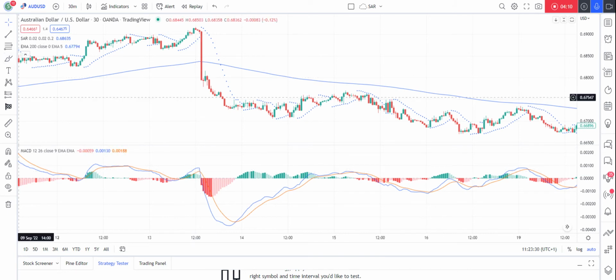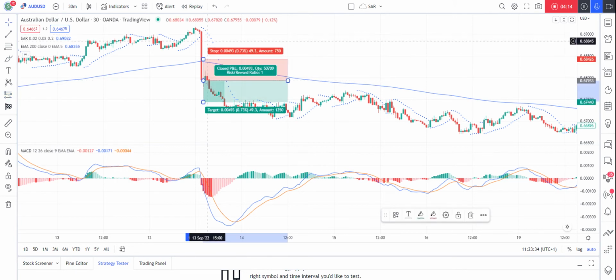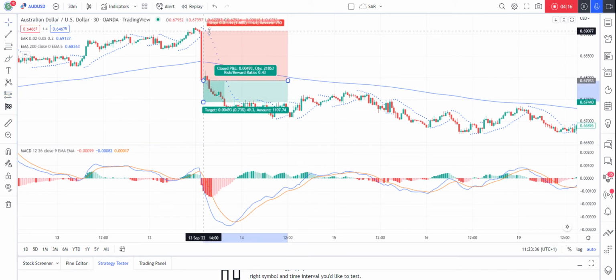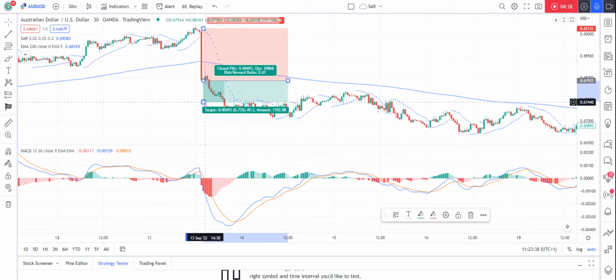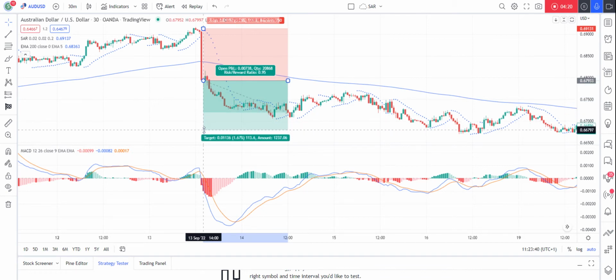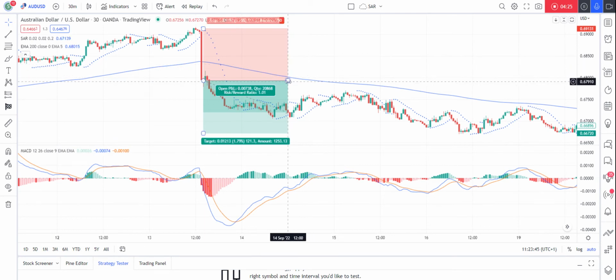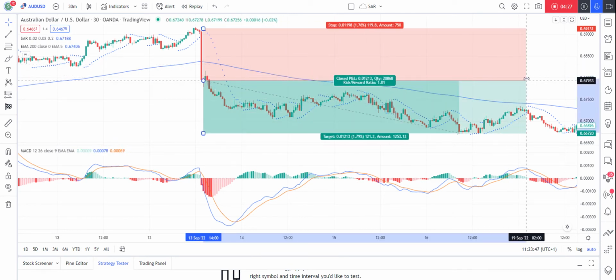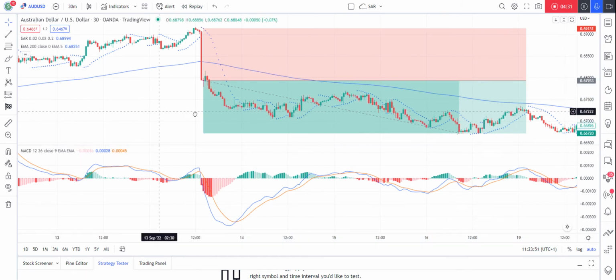So the MACD crossing needs to happen above the zero line. So this will be the entry point, this will be the stop loss, and then 1-to-1. Well, let's see if it goes to the take profit, and it hits it right here, right?